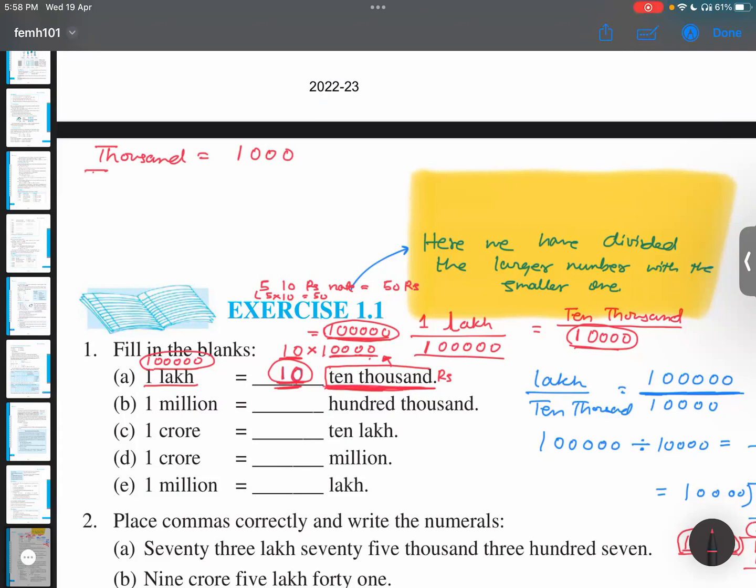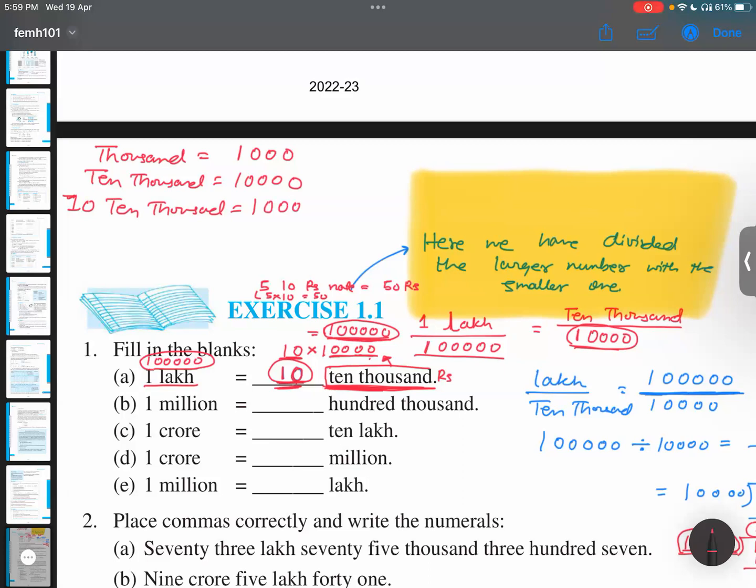This 10,000 will have four zeros. Now, what about 1 lakh? How many zeros will you write? It will be five zeros.